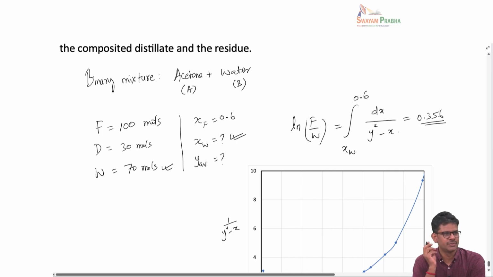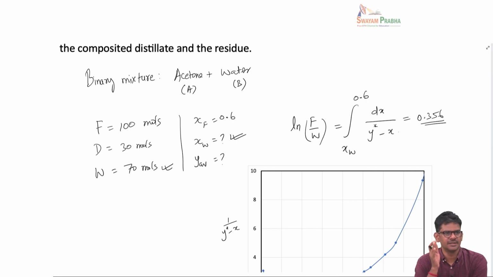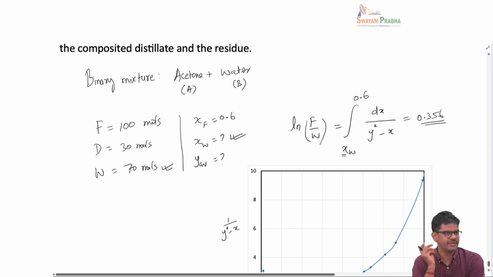So what we need to do is find XW in such a way that the area will be equal to 0.356. Okay, in the previous problem we knew the limits and calculated the area, but here the area is given. Now we need to know which limit of XW will give me this.